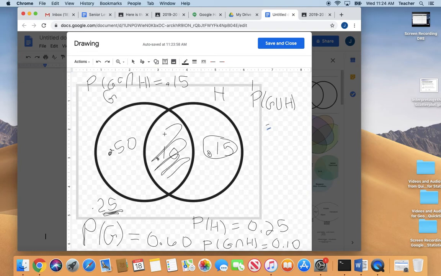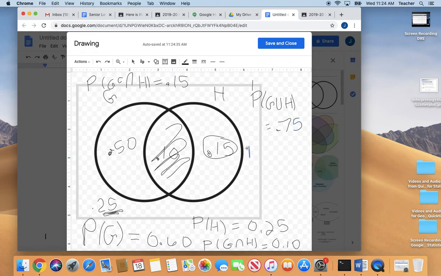Or count this probability twice. So one way to do that is just to add these 3 numbers, 0.50, 0.10, and 0.15. And if you do that, you will get 0.75.